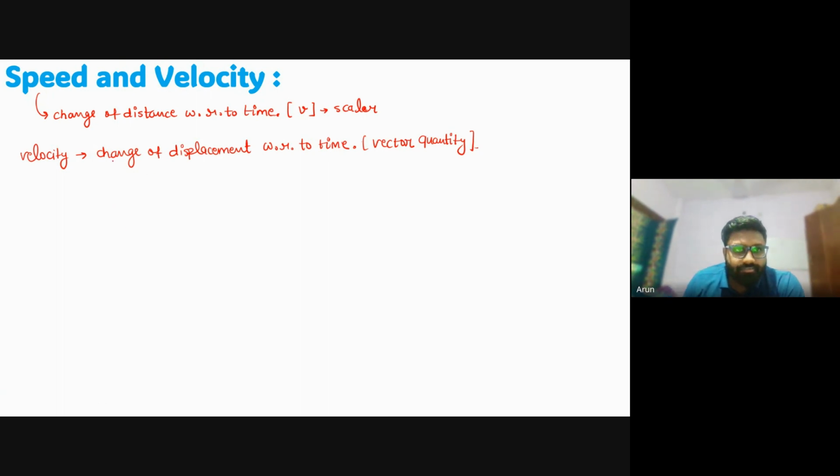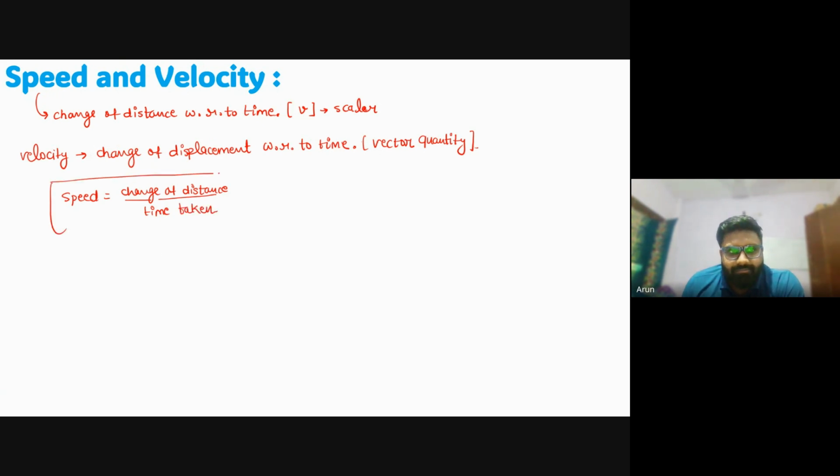Now we can write it like this. Speed is equal to what? Distance, or we will say change of distance, per unit time taken.